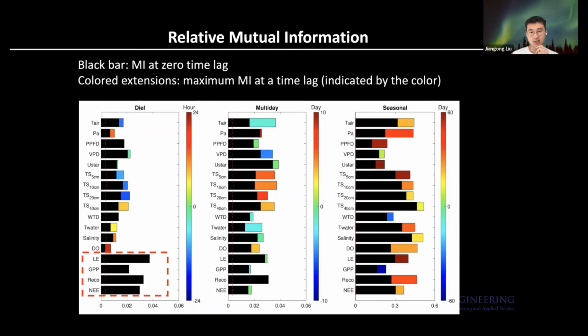At the multi-day and seasonal timescales, some physical factors like atmospheric turbulence, temperature, soil temperature at the deep layer, and also the salinity can dominantly drive the variability in methane fluxes through asynchronous processes.